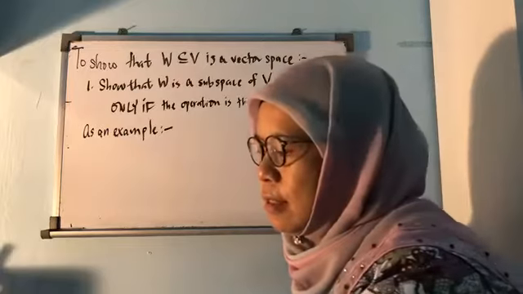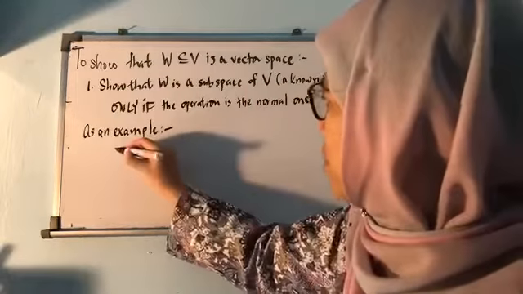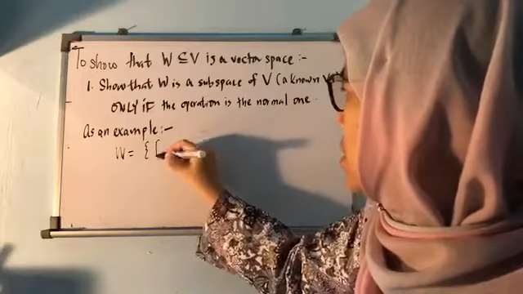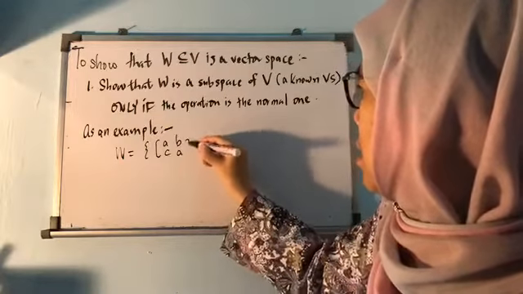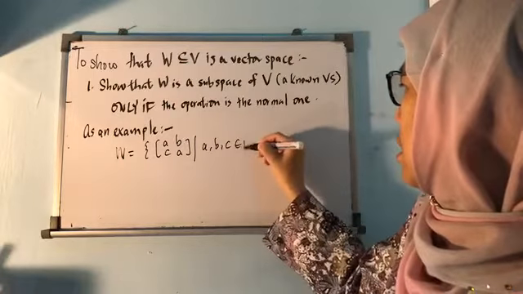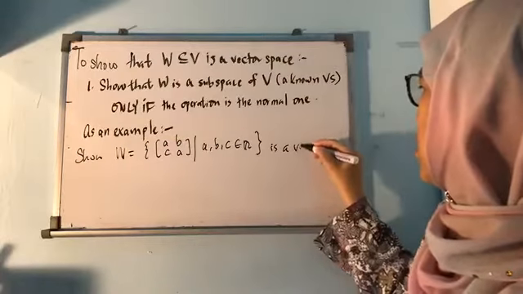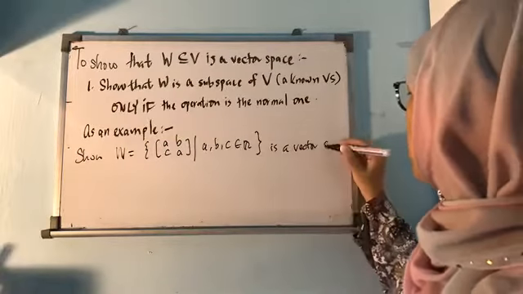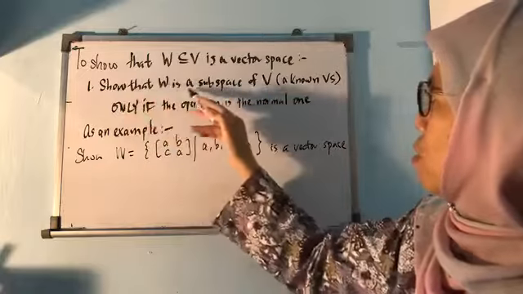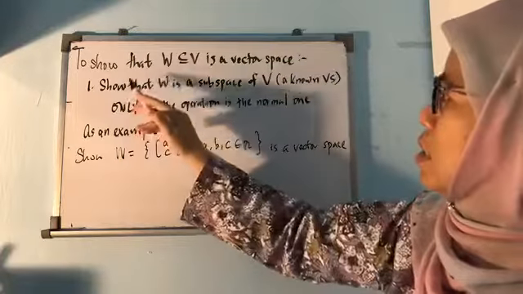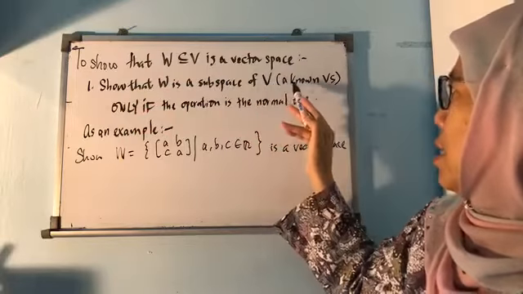Before this in class, I mentioned that if you have, say, W is the set of A, B, C in R, and you want to show this is a vector space under the normal operation, so W is a subset of a vector space V, then to show that W is a vector space, we just need to show that W is a subspace of V, a known vector space.